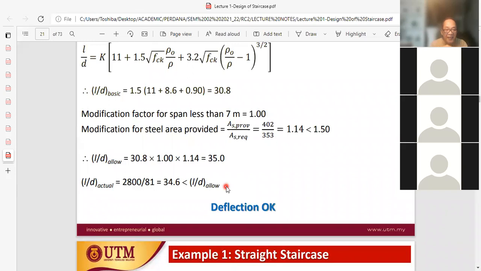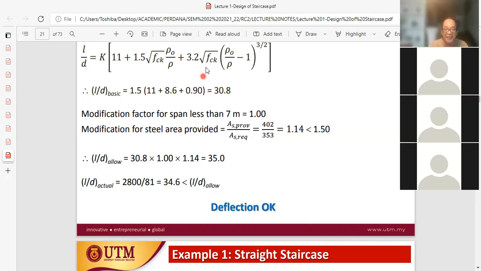Okay. Kalau boleh, we would want to have L over D actual ni much less than the allowable. There is a gap between allowable dengan actual. Kalau this is obtained by using H110. Bermakna dia punya D dia lebih kurang H, 110 minus 30. Lebih kurang 30 mm.